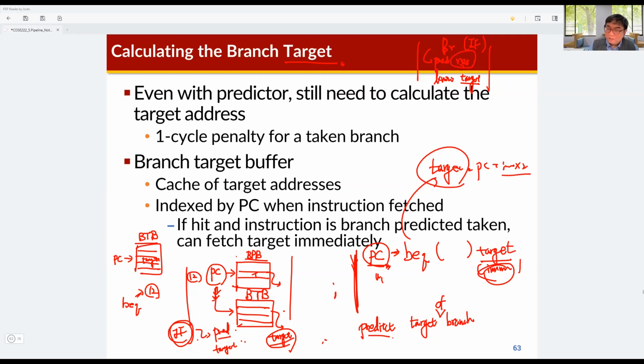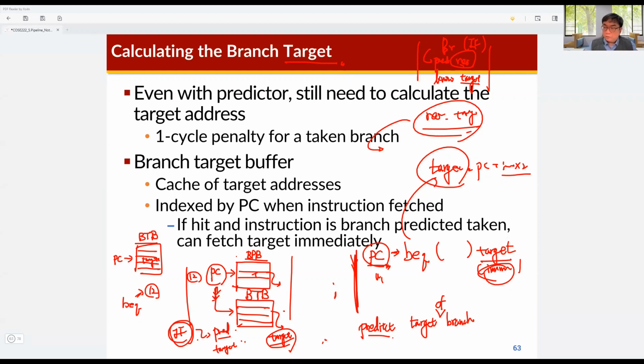So let us assume that we know the result and target of the branch instruction, then we can just jump to the target of the branch instruction if the branch condition is predicted as taken.